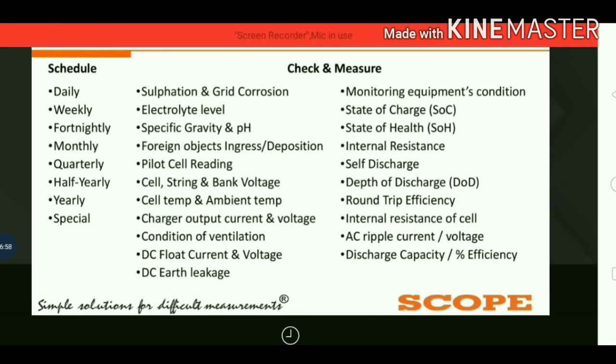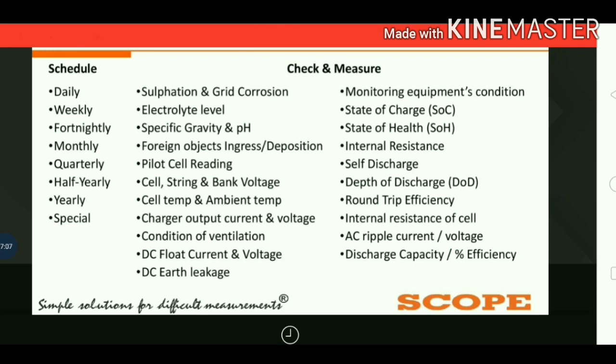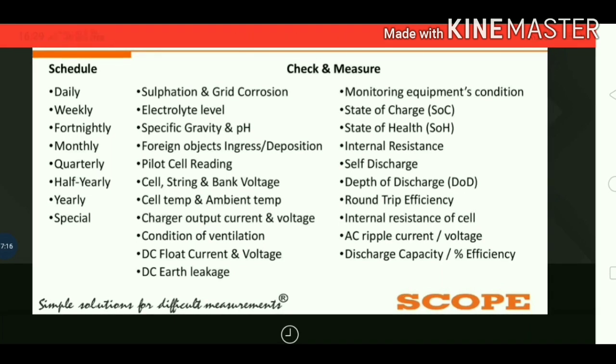The specific gravity and pH are also important. As you know, in case of lead acid batteries, the electrolyte pH is very important to check the acidity. If it is going dilute or more dilute, then there will be a problem inside the batteries.